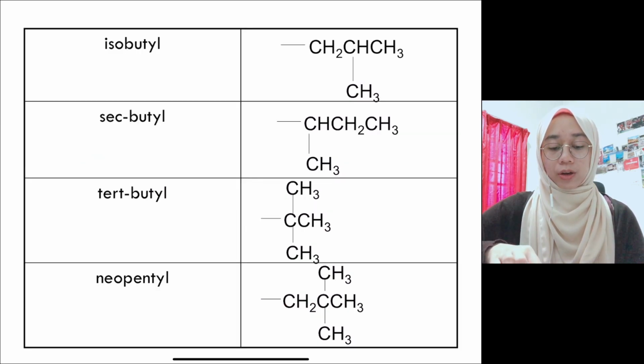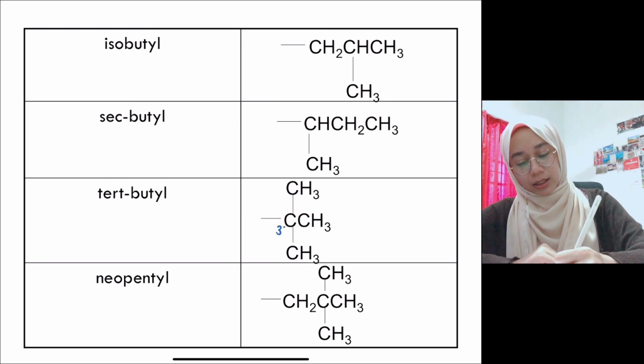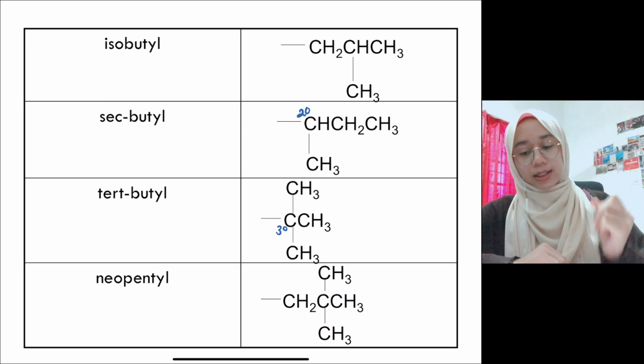Tapi kalau kamu tengok sec-butyl ni, ni straight chain juga, 1, 2, 3, 4, tapi yang secondary carbon ni yang attach kepada parent. Meanwhile tert-butyl pula adalah bila kamu punya 4 carbon sebagai substituent, dia akan memberi 1 tertiary carbon dekat sini. Tertiary carbon ni pula yang akan attach dengan parent. This is the tertiary, this is the secondary.